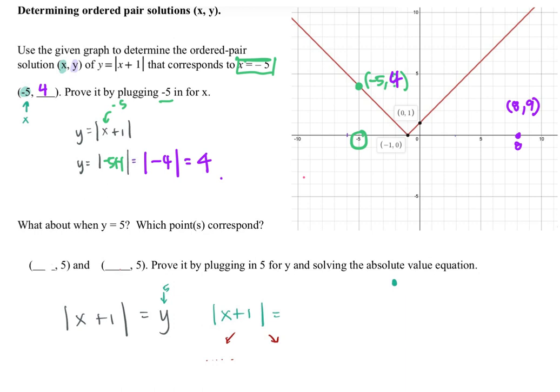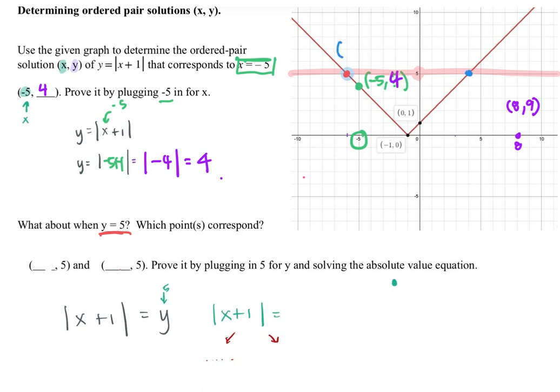So then it said, well, what about when y is equal to 5? So let's go and find where y is equal to 5. And I can see here's 5 for y. We're going to make a line straight across. And you can see that when y is 5, it crosses in 2 different places. It crosses here, and it crosses over here on the positive side.